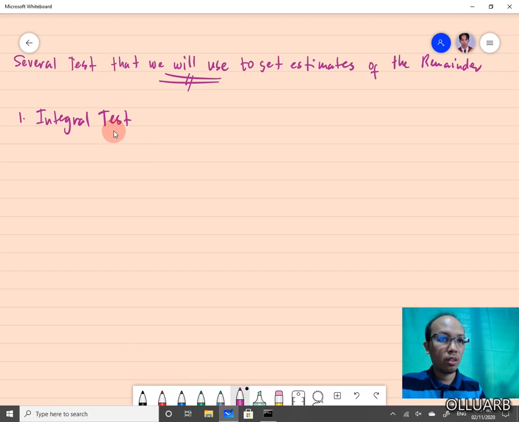For the direct comparison test, we have conditions for that. For the alternating series test, we also have conditions. So for this, we will use the integral test to get a good estimate of the remainder.